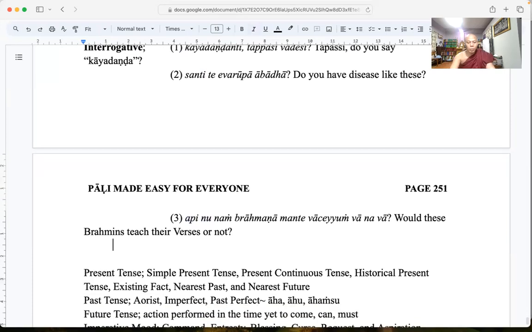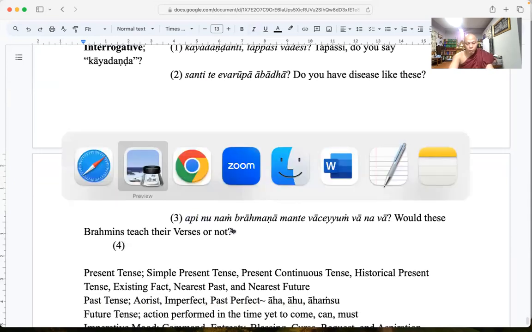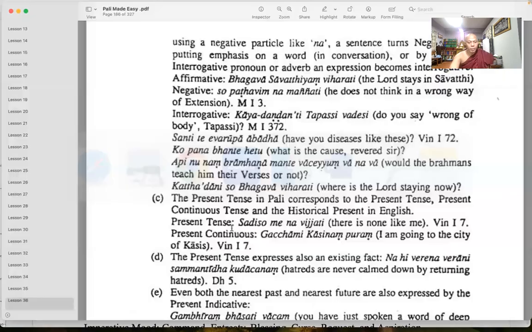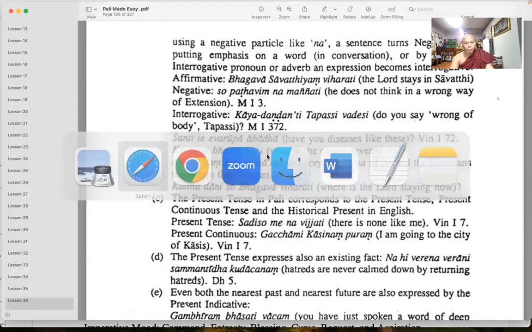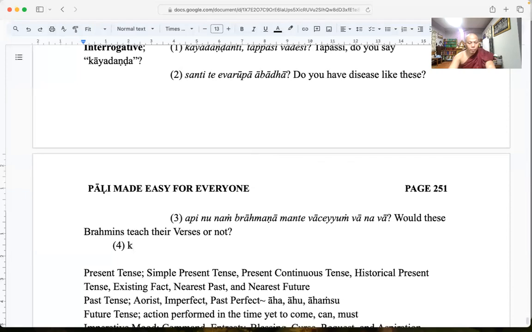So now number 4 is maybe the WH question, using the interrogative pronoun like here, "ko". "Ko bana bandi hitu."